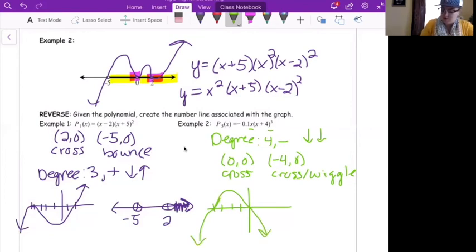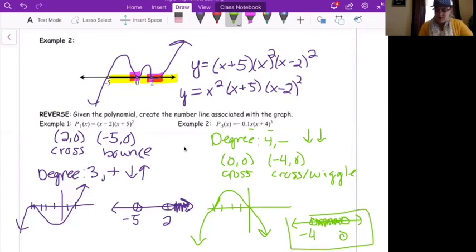And so then as we want to just make this number line, we would have negative 4 and 0. We'd have open circles above both of those. And then the only place that it's positive is in between negative 4 and 0. So we shade that portion. And so that would be our answer. So the number line is your answer for these problems.